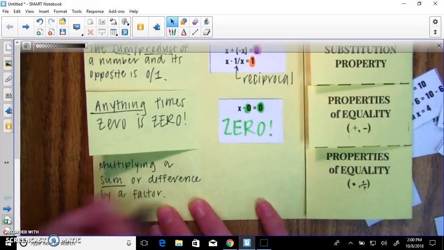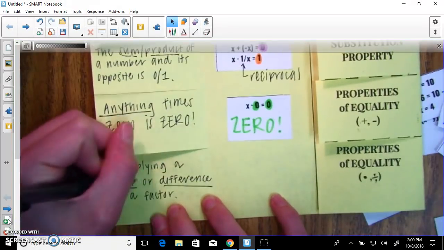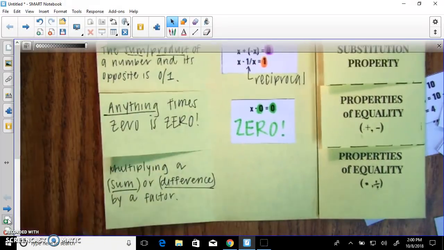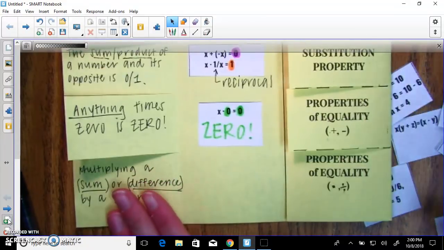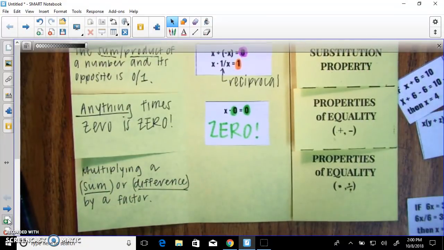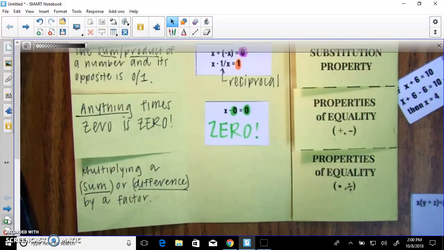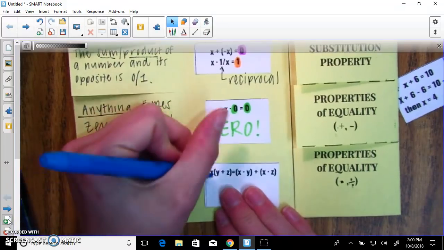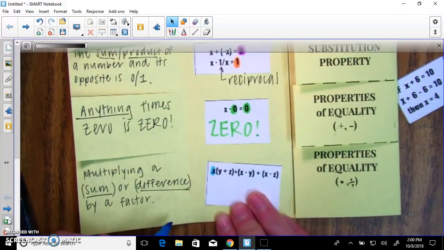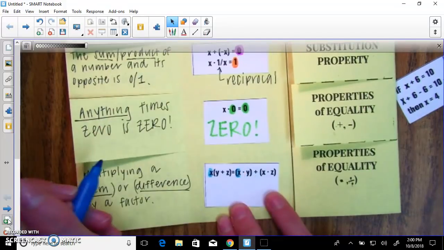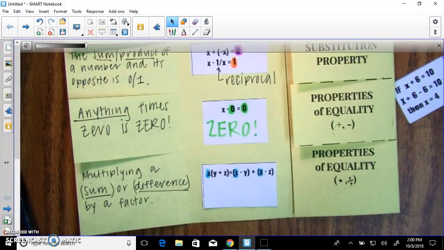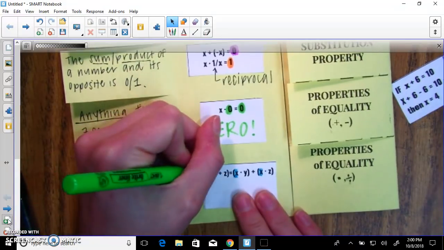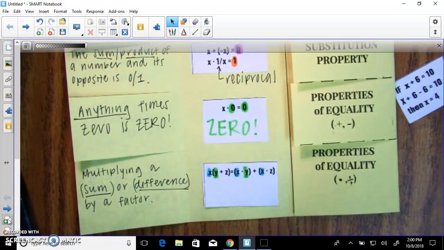It could be addition on the inside of the parentheses, by a factor, or the number on the outside. Let's find which of these matches. And here we go. So when we're distributing, if I'm multiplying x times y plus z, then that's x times y plus x times z. I'm multiplying it by each term on the inside.